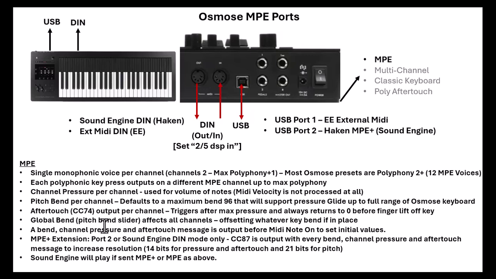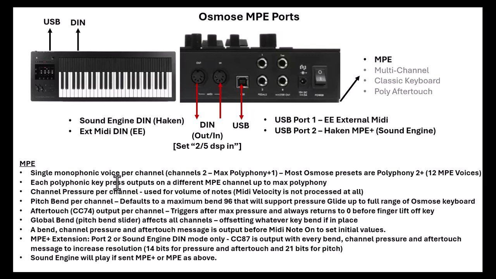Of course, on the Osmose, CC74 triggers after the channel pressure area. On a Continuum, CC74 is tied to front to back motion, as it is on a Roli Rise or a Linnstrument, for example. We have to be careful with the term aftertouch because sometimes that's used to mean different things.